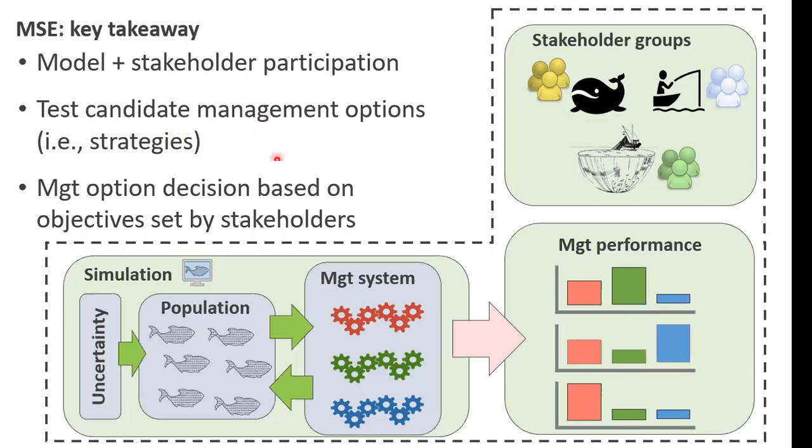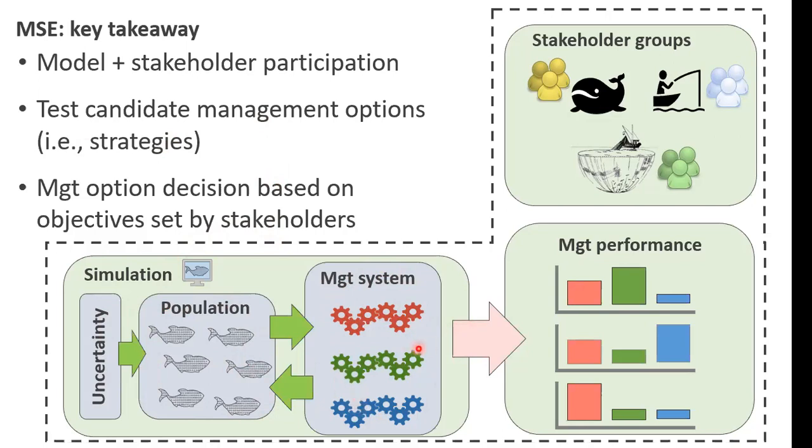And I have this schematic up here, which has some of these components, including a model for a population, uncertainty that goes into the system, and then a management model where we're testing candidate management options.